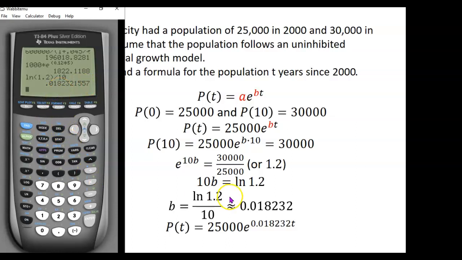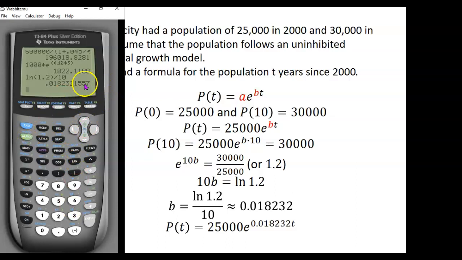If I don't want to worry about round-off error, I want to keep as many decimal places as the calculator can give me, and I don't want to keep typing in all these numbers. So what I can do is store that number in the calculator's memory. Exactly how that works depends on what model of calculator you're using.